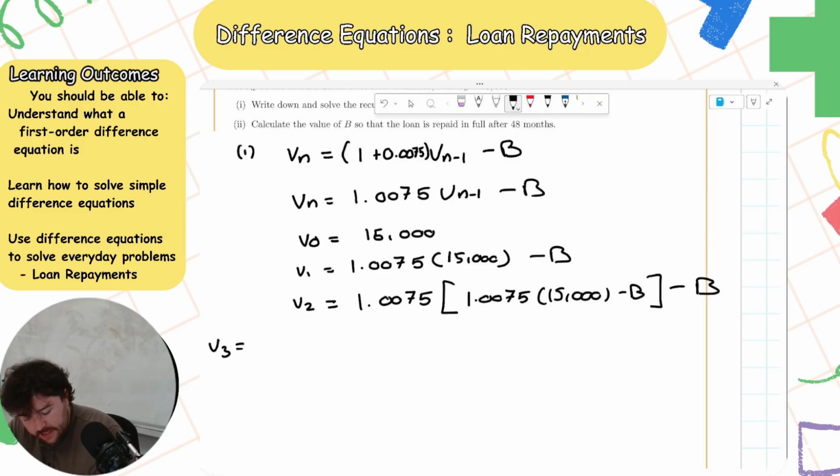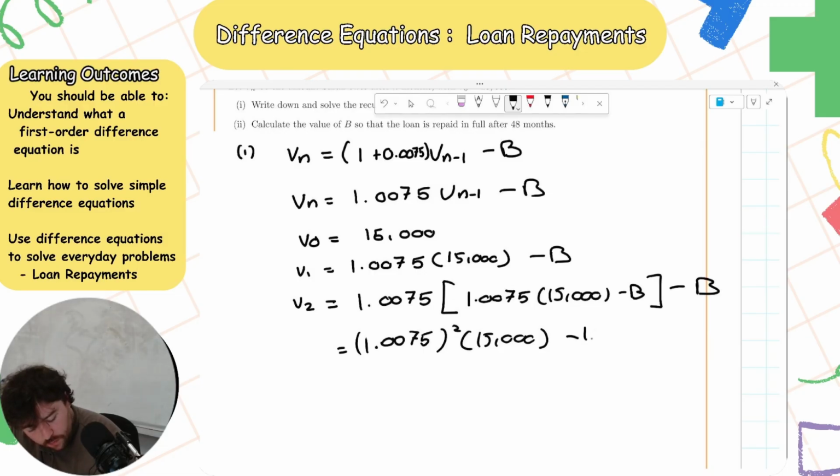First, let's expand out V2. This is going to be 1.0075 squared times 15,000 minus 1.0075B minus B. V3 is just going to be 1.0075 times all of this.